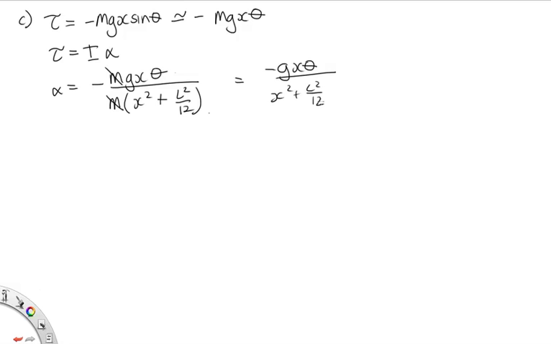Now we need to be a bit tricky to get this into a form for T. What we need to do is realise that this is a pendulum, so it's undergoing simple harmonic motion.